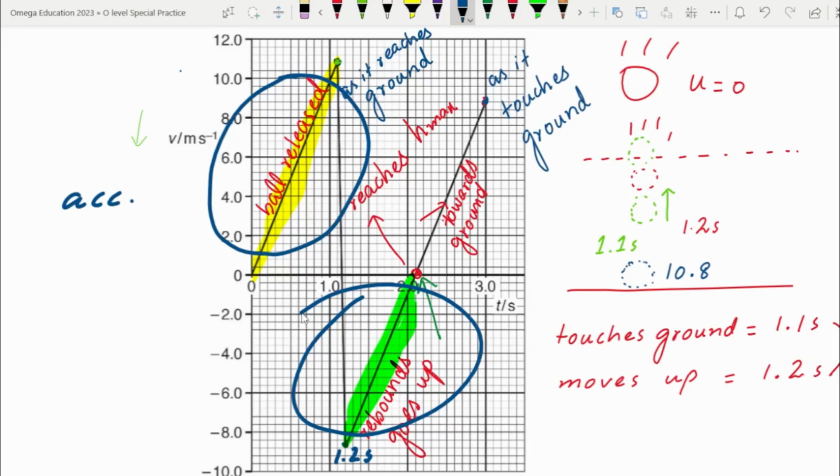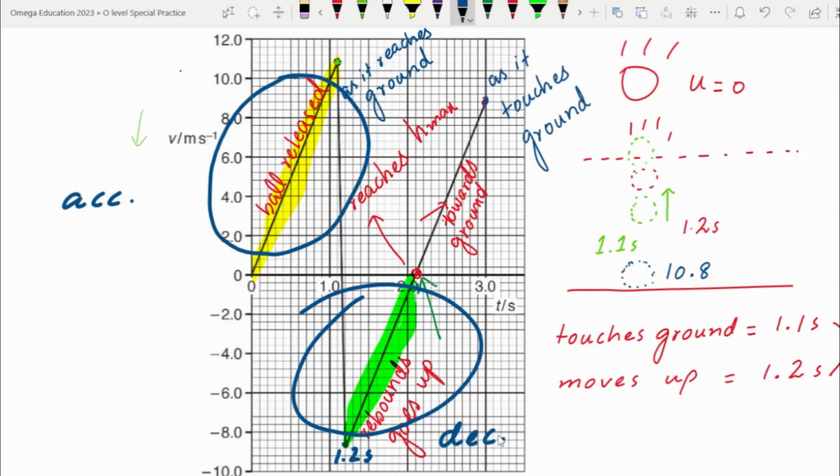As it goes upward, the velocity of the ball decreases, and at 2.1 second, when it reaches the maximum height, it decreases to 0. And since at this stage the velocity of the ball was decreasing, we call that deceleration.